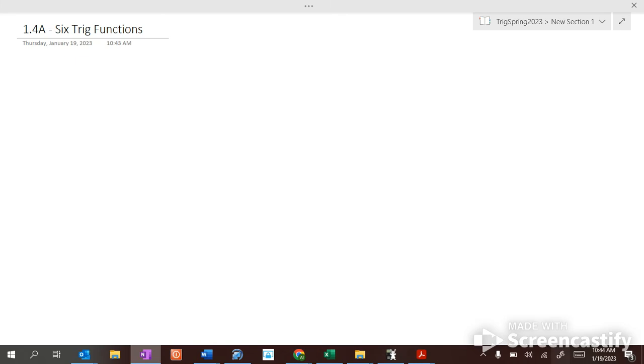Today, we're going to be looking at the 6 trig functions. You got to know the 6 trig functions. The first trig function is sine, which we abbreviate as sin, which in a triangle is the opposite side over the hypotenuse.